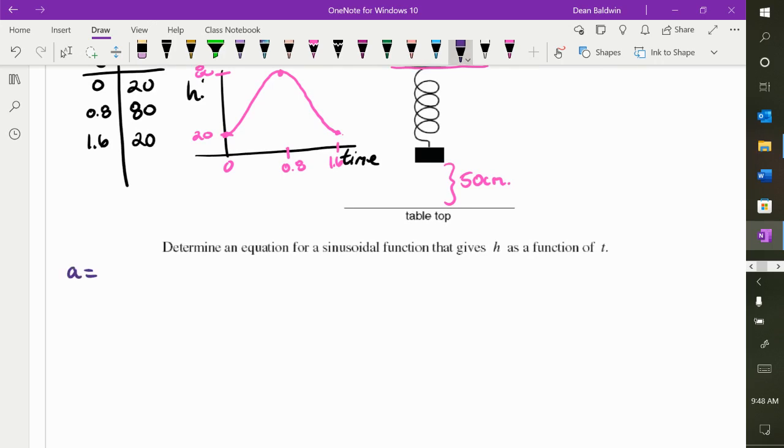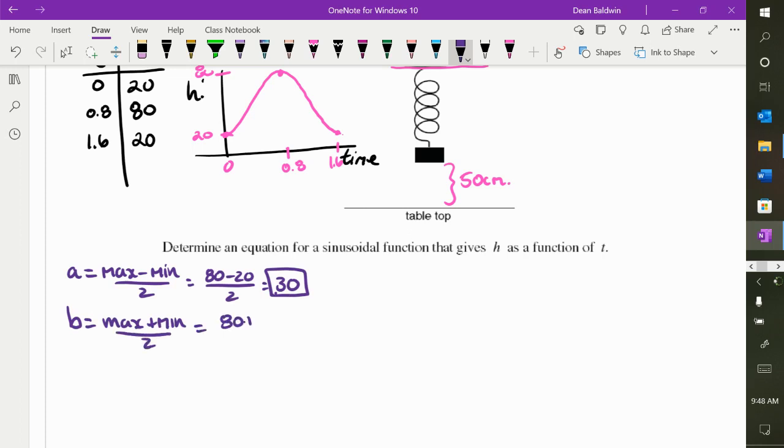So A is probably the easiest. 50 is B. Or D, sorry, D value.